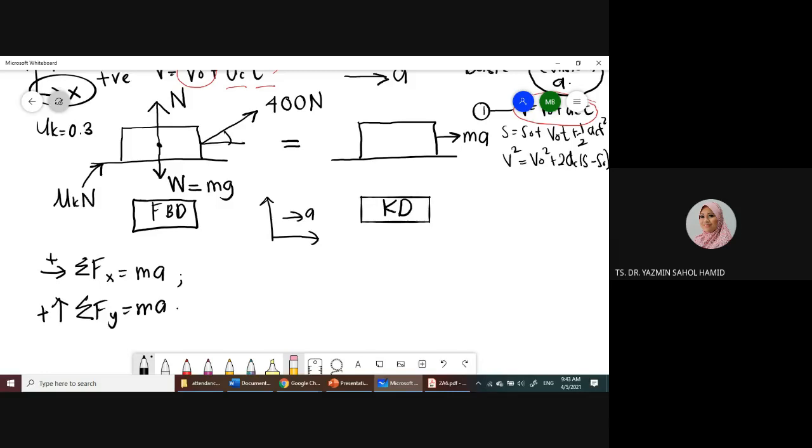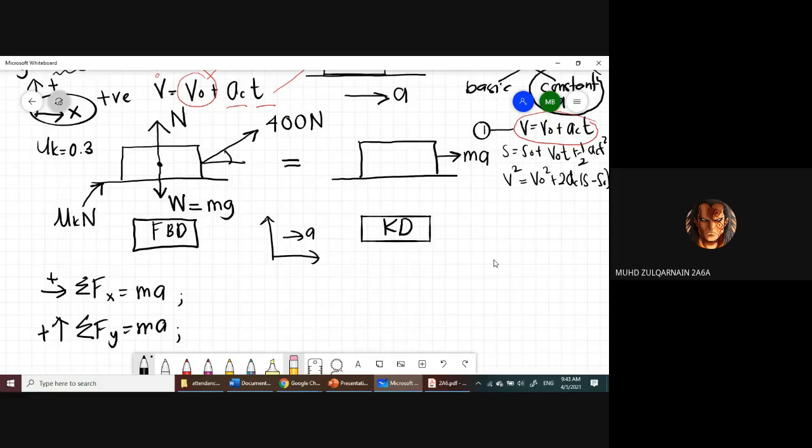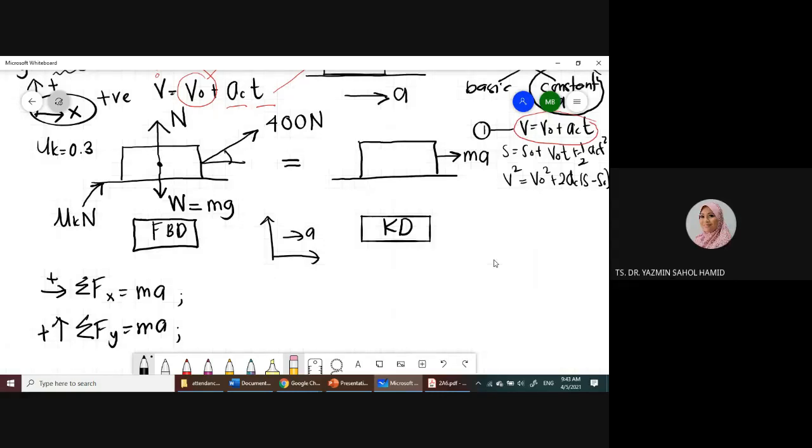Now have a look at this free body diagram. Do you have Fx? Yes. What is it? 400. Now your force is slanting at 30 degrees, right?